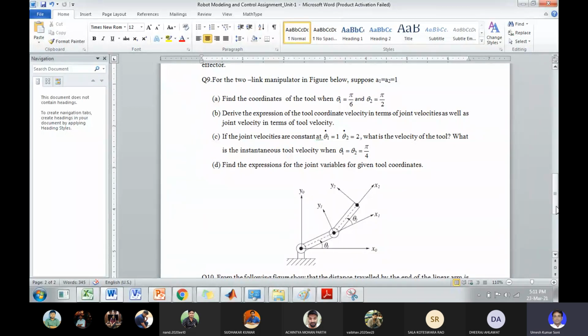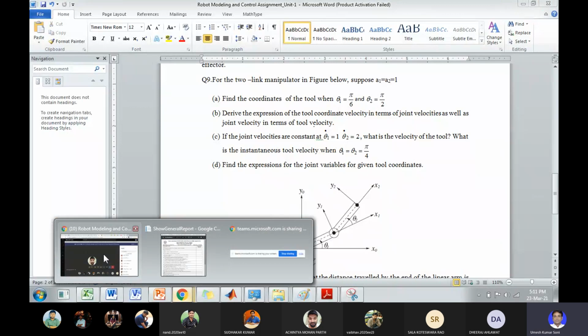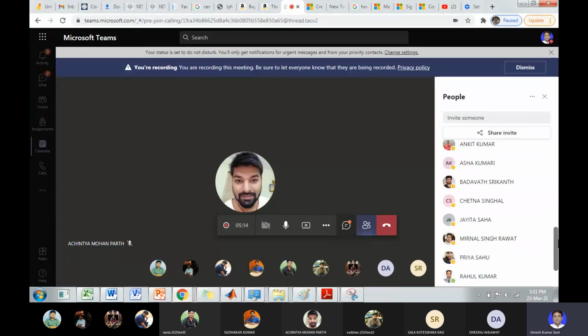For two link manipulator, in this figure you have a1, a2 equal to 1, and the coordinates of tool have to be found in case of theta 1 pi by 6 and theta 2 pi by 2. How you will proceed for that? So I think it is easy to you.